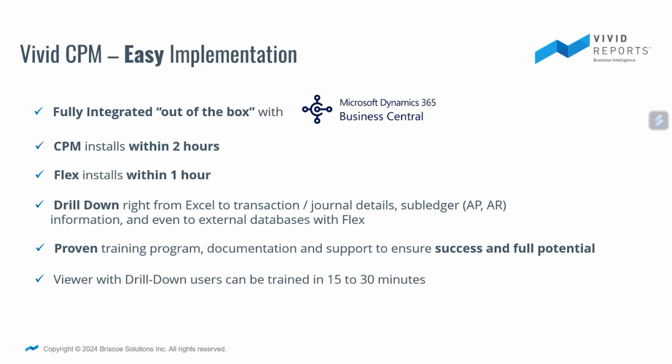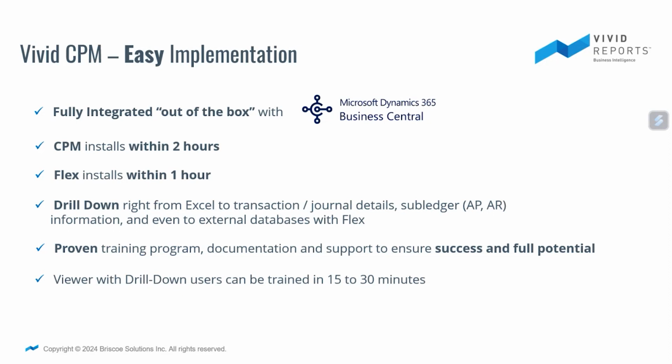When we talk about the Vivid CPM implementation, again, it's very short. It's Microsoft Excel based. Usually the finance team will already be very well versed in Microsoft Excel. We usually budget about 8 hours of training required to learn Vivid Reports. It's a really short amount of time.